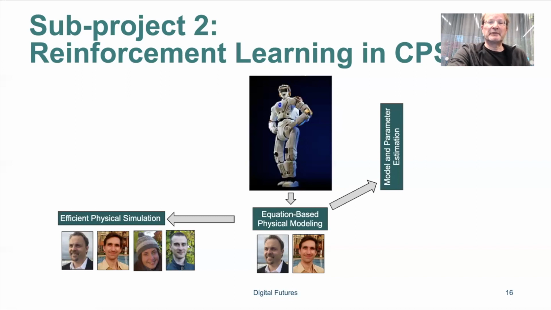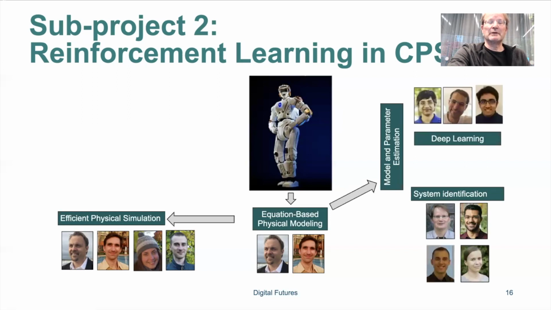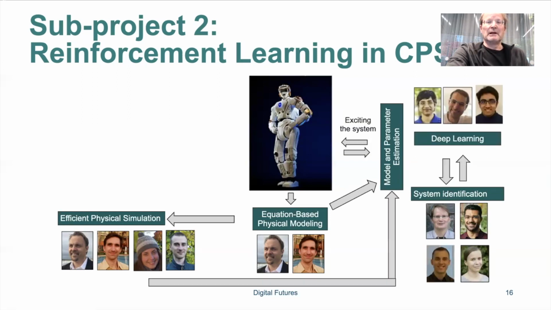So for that, we need parameter estimation. And here we can use system identification or machine learning techniques. Another concept used in the project is that we use simulation also for the parameter estimation, extensive simulations. In the end, we get an updated model that we can use to do simulations on.